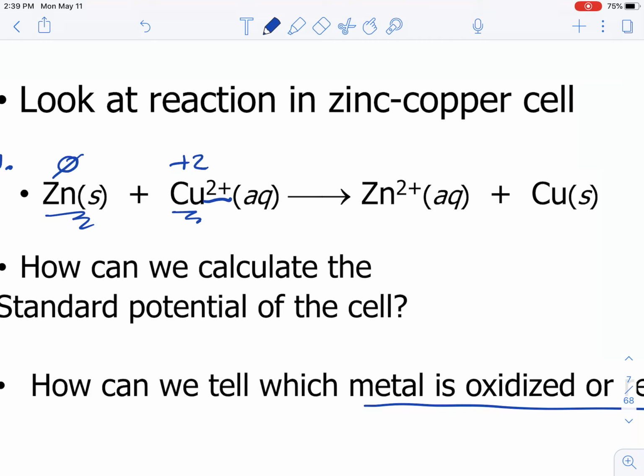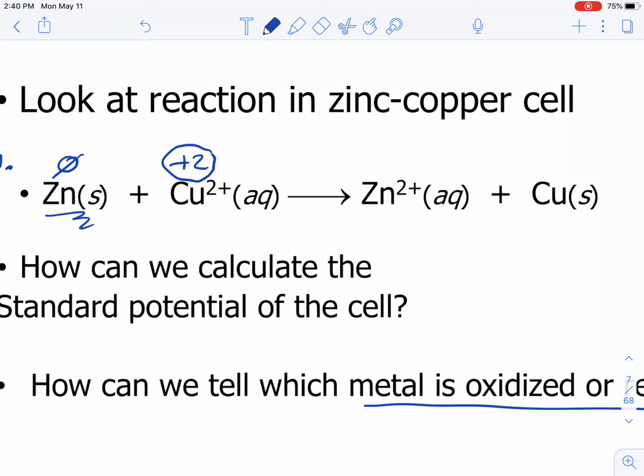Not sure if you guys are aware of it, but charges are typically written with a number first and then the sign after, so 2+. However, if you flip it and write it as +2, then you're describing to the reader that this is an oxidation number, not the charge. Even though most of the time they are the same.